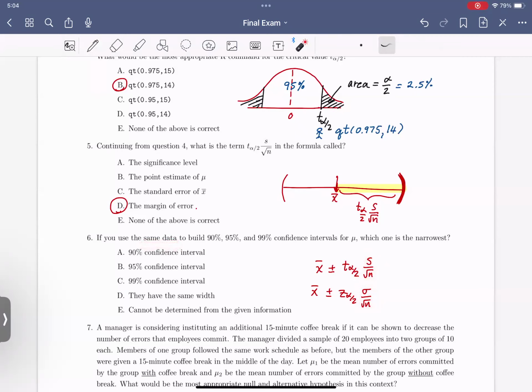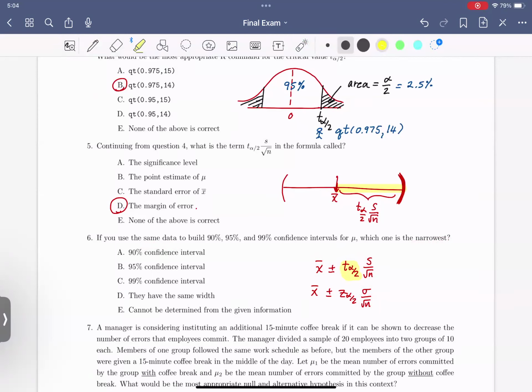So the one that tells you which is narrower and which is wider is the term t alpha over 2.